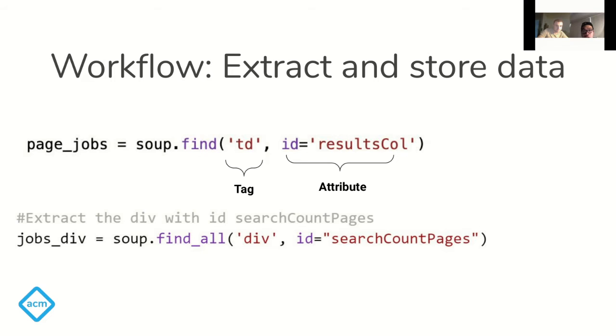We provide the element that we want to find, and also an additional attribute, like the ID of the element, as in a standard HTML tag. The find method returns the first element that matches this HTML attribute. And then we also have find all, which goes through every single div matching this attribute, which is div with ID search count page. It's going to return an array of divs.